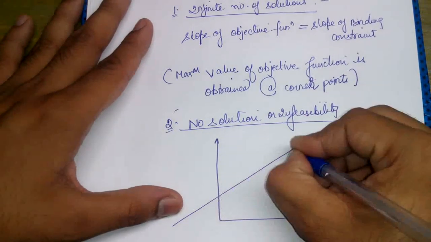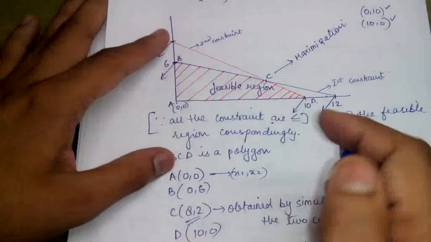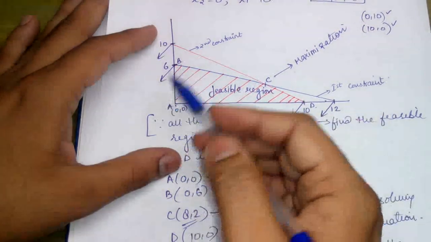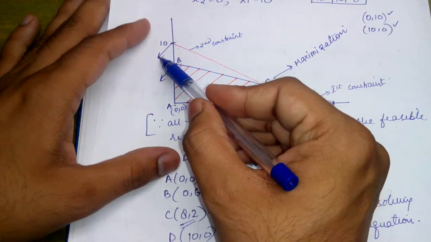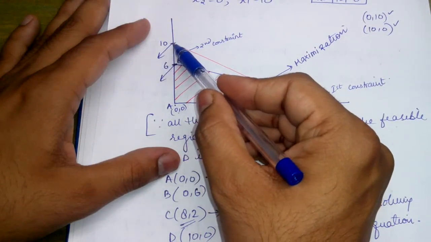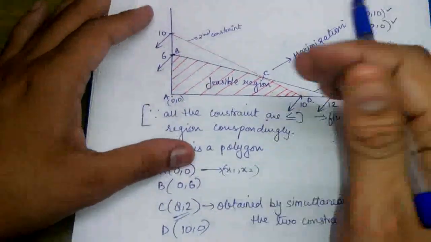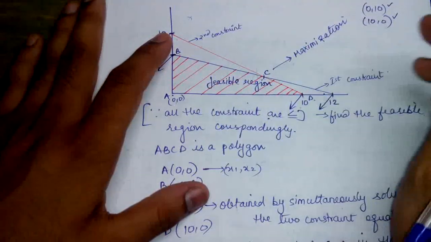For example, one constraint is like this. If it is less than or equal to, we will indicate the arrows towards the lesser side. And for this constraint also, we have less than or equal to, so I have made the arrow in the downward direction.